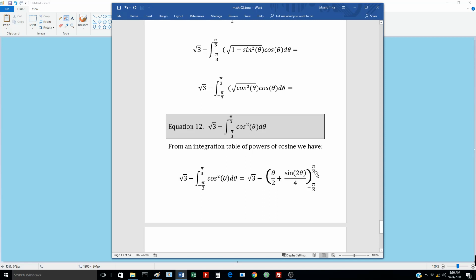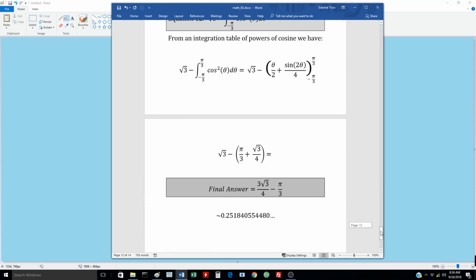So when you plug theta is pi over 3 and minus pi over 3 into that expression here to get the value for the integrand, you get pi over 3 plus the square root of 3 over 4. And if you consider that outside here, the square root of 3 is really 4 times the square root of 3 over 4.